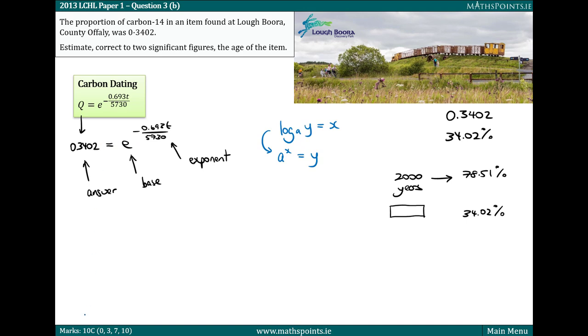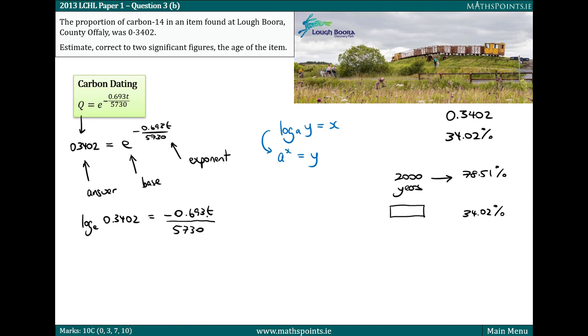So let's do that with the equation we have. So e becomes the base of a log, so log e. The 0.3402, that's the argument, so that goes there. And this is equal to minus 0.693t all over 5730. And we can see that the t is no longer in a power, and this is an equation that we're going to be able to solve.